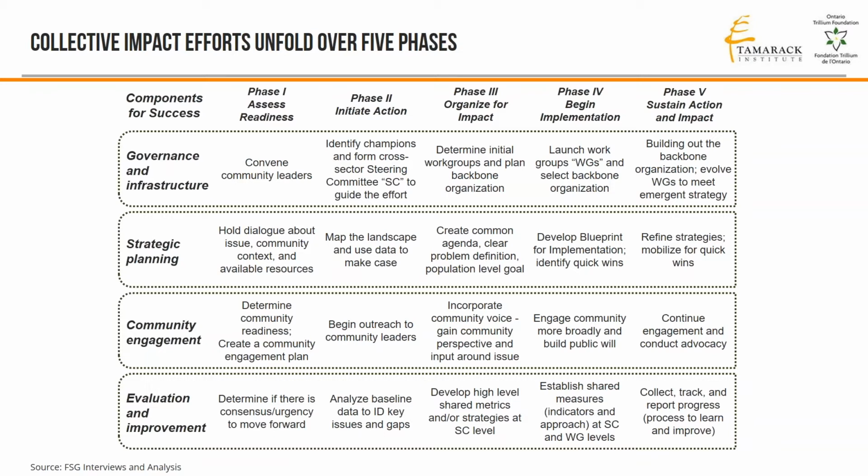So I think that's a really typical response when you look at the phases to say, okay, so in our governance and infrastructure, yeah, we've convened the community leaders and we've got the right champions, but then a couple of our champions leave, so we've got to go back a little bit. So it's really about thinking of this as, here's the basic structure of the work, but as you unfold your collective impact, you can actually kind of dance across the phases in one area or another.